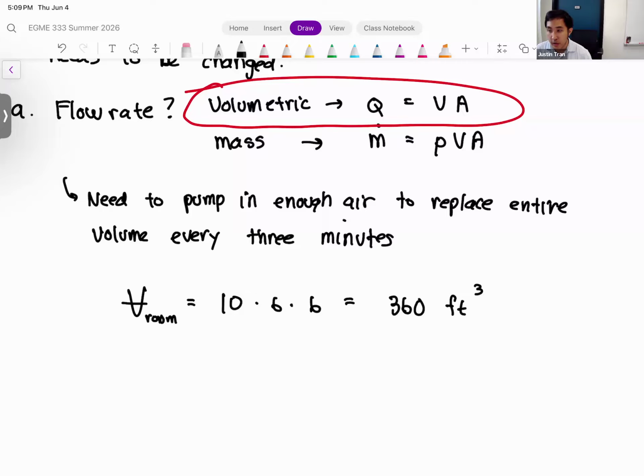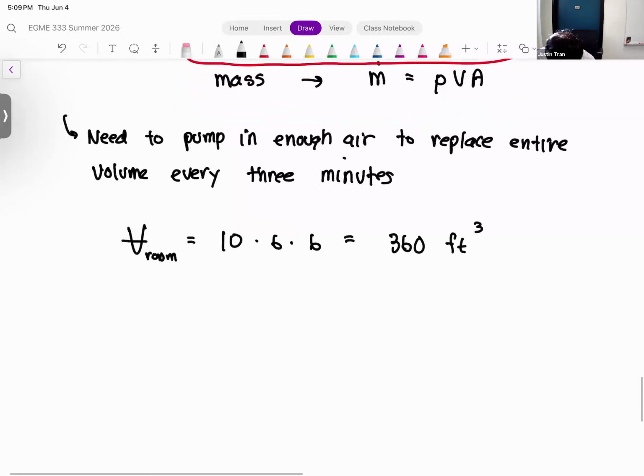And so we have to pump in a volume of 360 feet cubed of air into the room every 3 minutes. To convert this to a flow rate, we're simply going to divide this volume by the time that we have. The time that we have is 3 minutes.